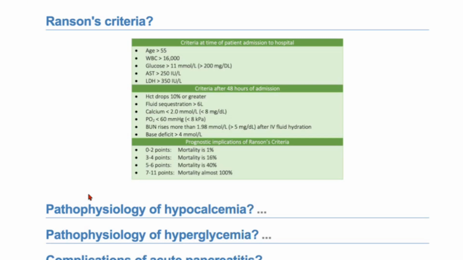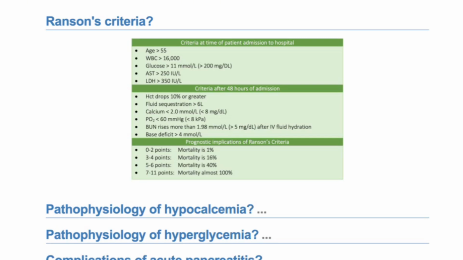What's the pathophysiology of hypocalcemia in acute pancreatitis? So hypocalcemia in acute pancreatitis is split up into an early and a latent phase. The early phase is due to the chelation with free fatty acids. So you get a hypocalcemia causing essentially transient hypoparathyroidism, which would be secondary hypoparathyroidism.